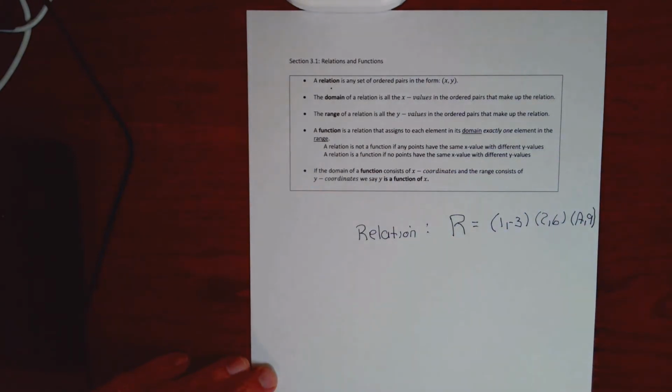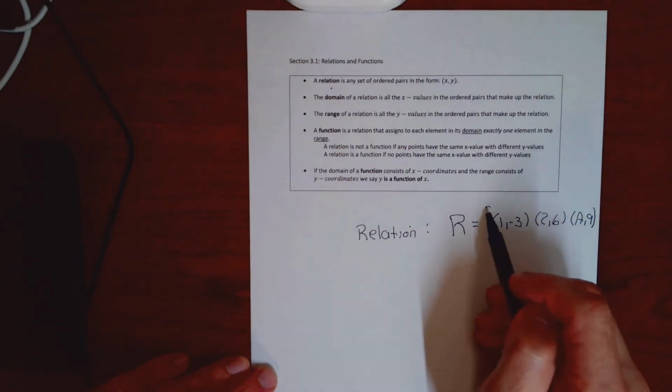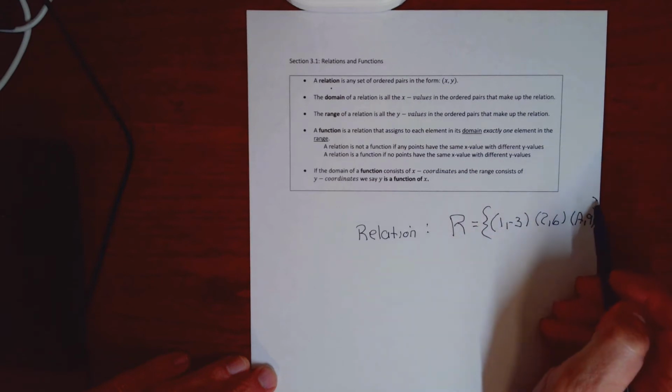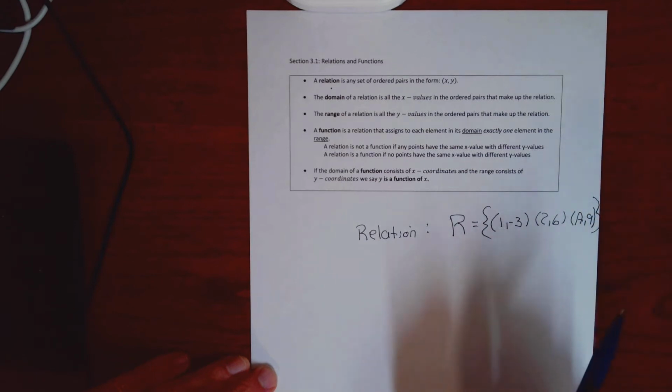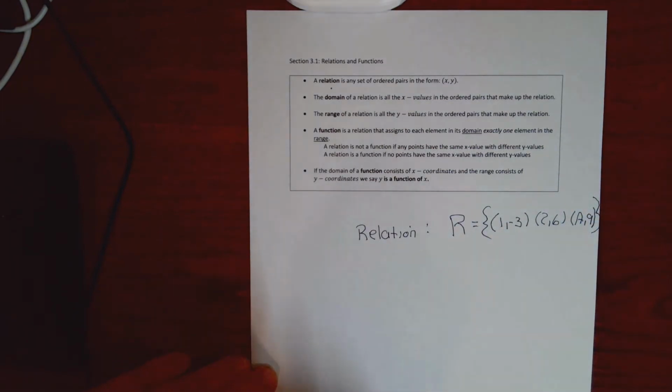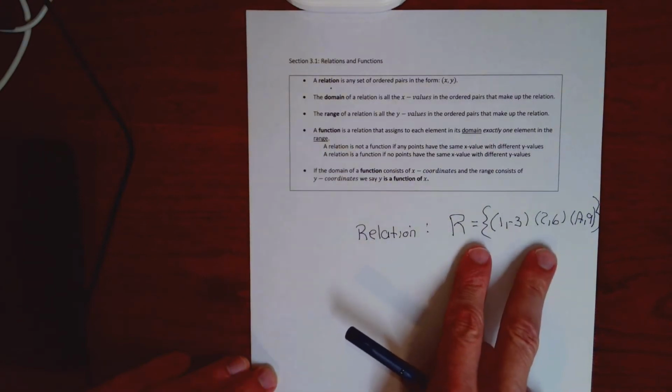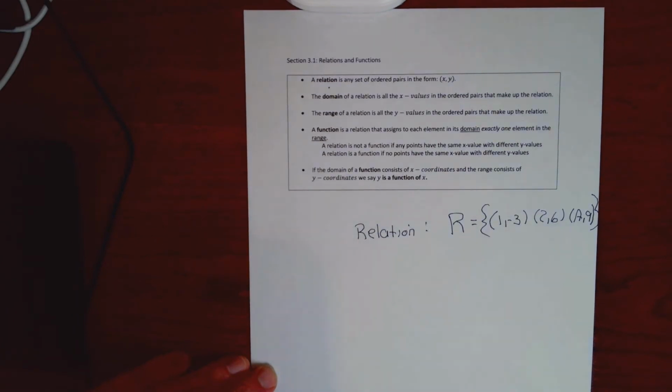This is a relation that's made of 3 ordered pairs. And usually when we write relations, we capture the points in these squiggly set braces. So this is an example of a relation with just 3 points. It would be considered a finite relation. There are relations that have infinitely many points, and it would be impossible to list all the points.